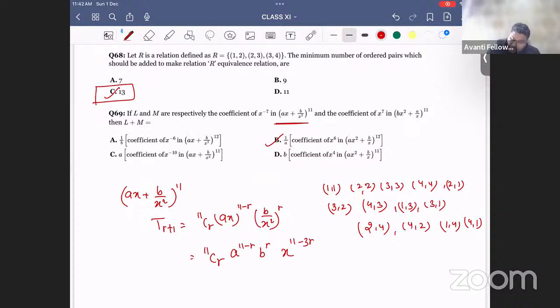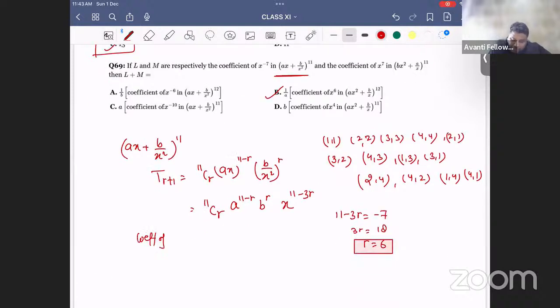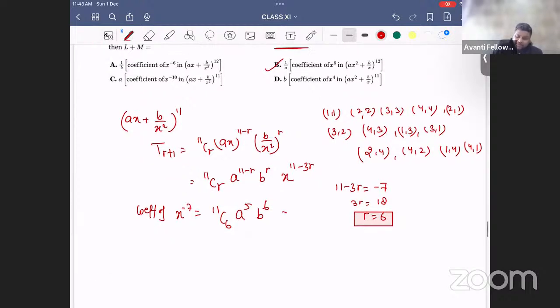So for this part 11 minus 3r should be minus 7. So 3r should be 18, so r equals 6. Got it? So coefficient of x to the power minus 7 is 11C6 a^5 b^6. Correct? Similarly, in the second term, this is the value of L. If you find the value of M, this will be 11C5 b^6 a^5.